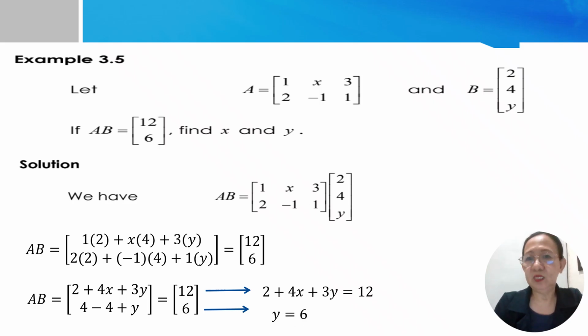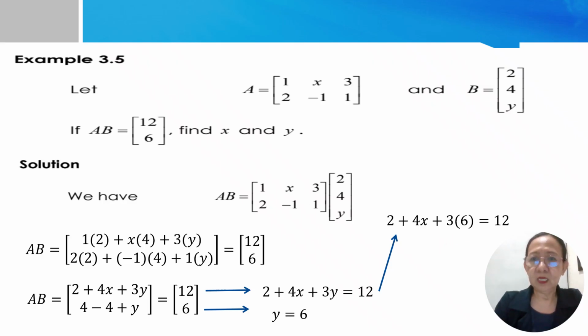That is now equivalent to 6. Now on this part, we obtain already the value of y, which is equivalent to 6. So we have to substitute this to our next part. So we have 2 plus 4x plus 3y. Then substituted the value of y, which is 6, is equal to 12.